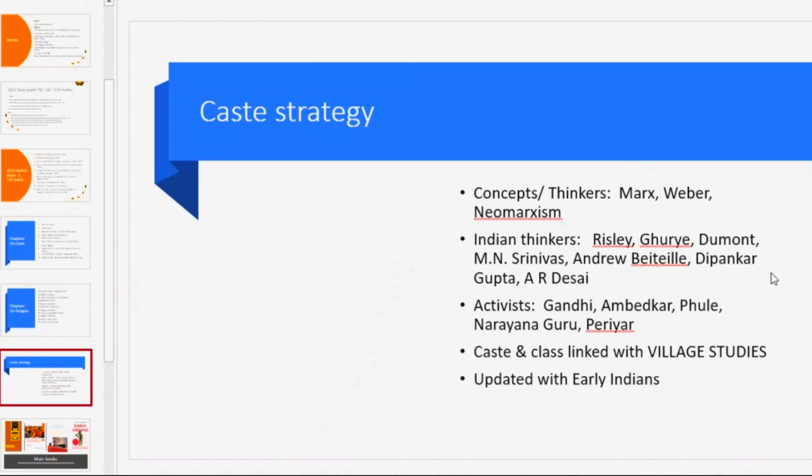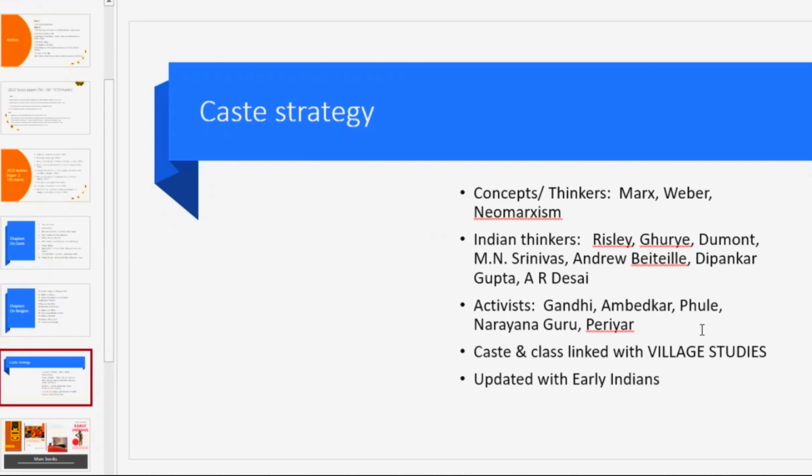Okay. Why Dipankar Gupta, A.R. Desai? Here I am including village studies also. Village studies are included in this book. And I covered Gandhi, Ambedkar, Phule, Narayana Guru, and Periyar.